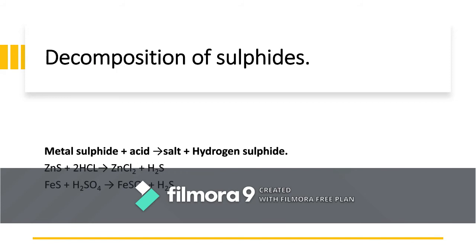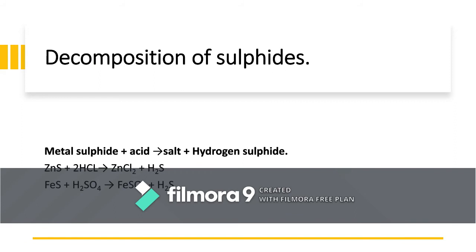Now, we move on to decomposition of sulphides. Metal sulphides plus acid always give you salt and hydrogen sulphide gas. As you all know, hydrogen sulphide has the smell of rotten eggs.